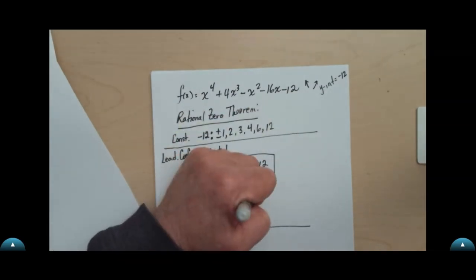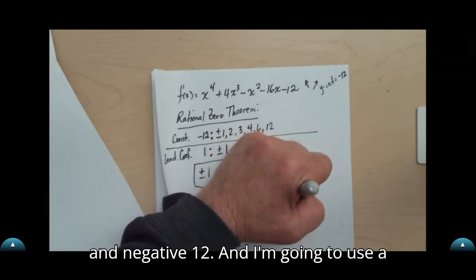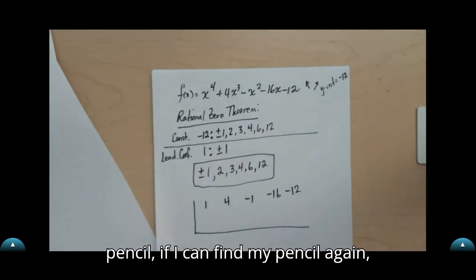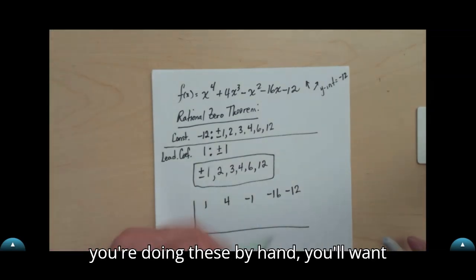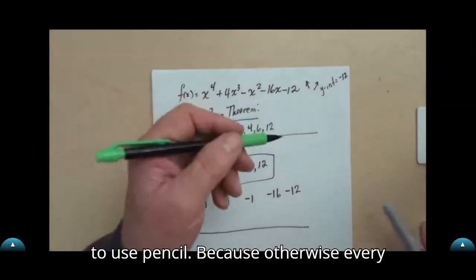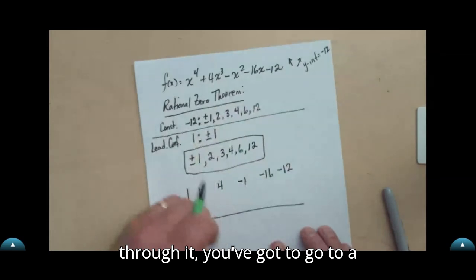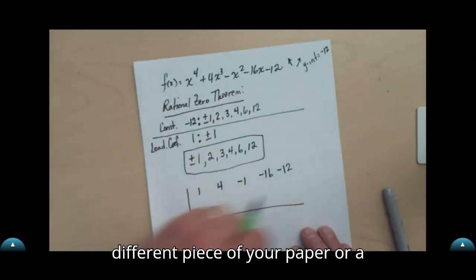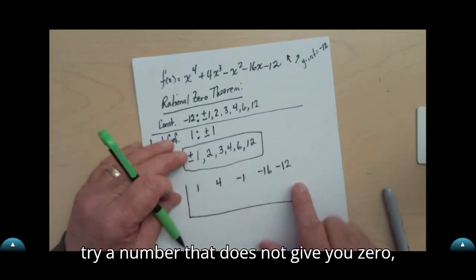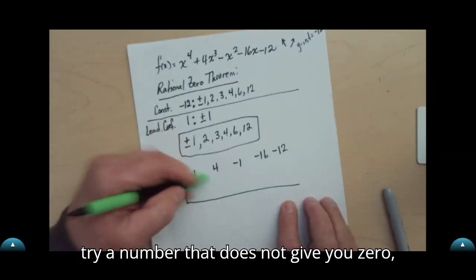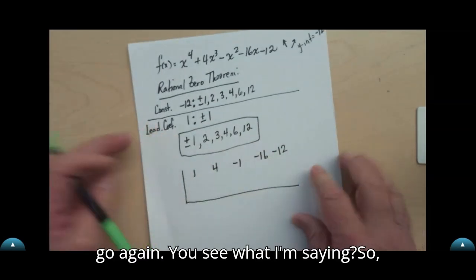And I'm going to use a pencil if I can find my pencil again, because when you're doing these by hand, you'll want to use pencil, because otherwise every time you mess up, you got to mark through it. You got to go to a different part of your paper and do it over. Whereas if you use a pencil, if you try a number that does not give you 0, you can just erase a couple of rows and go again. You see what I'm saying?